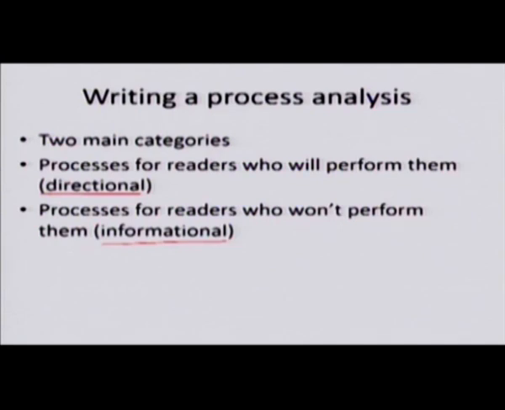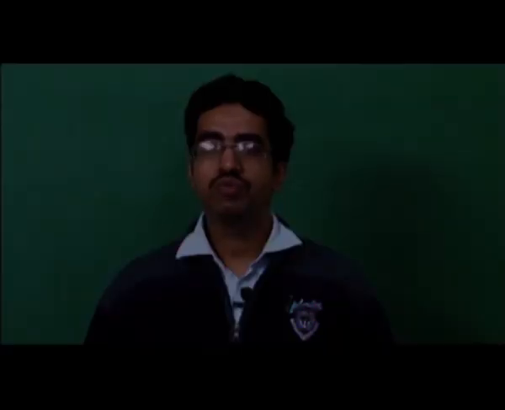In other words, you are going to give proper directions. The second one is informational. This is for readers who are not going to perform that process. So, the goal here is to provide information about that particular process.